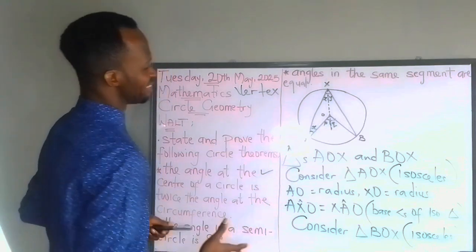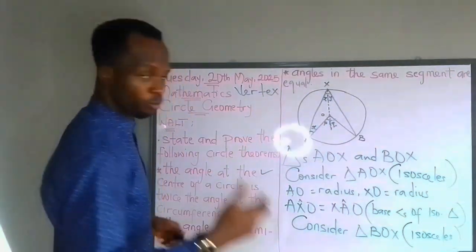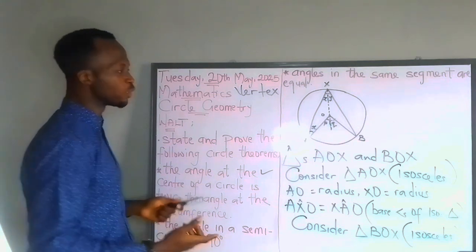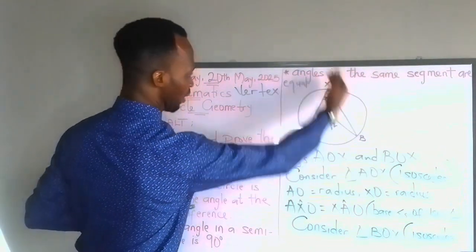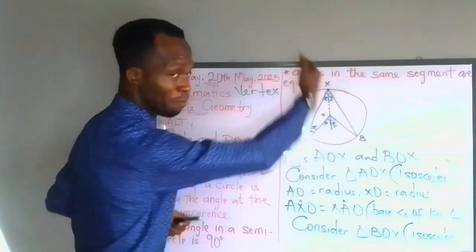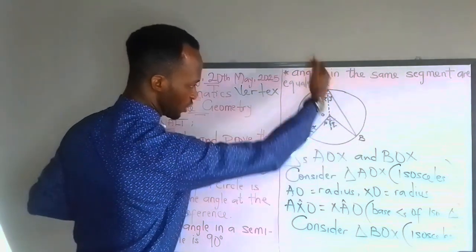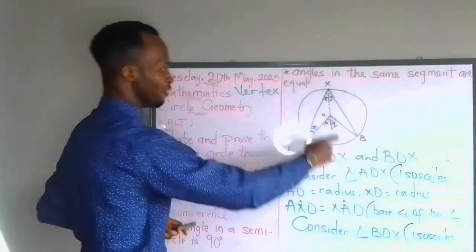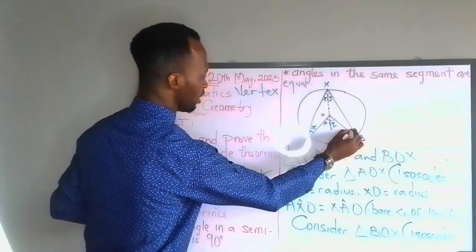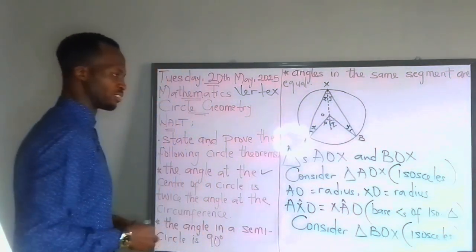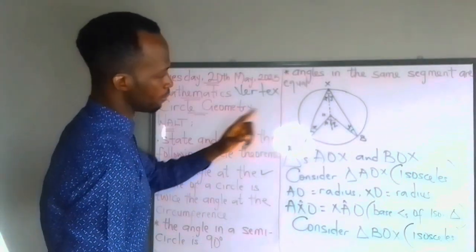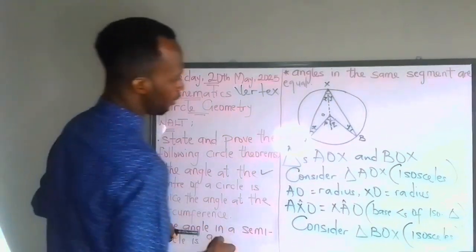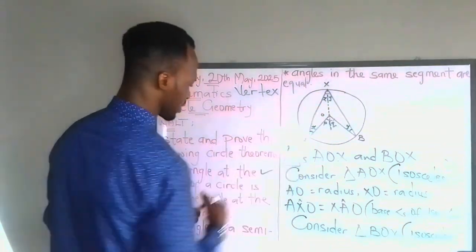So if triangle BOX is an isosceles triangle, we apply the way we did earlier, that the base angles of an isosceles triangle are equal. BX is the base of this triangle. Here, AX is the base of the triangle. Here, BX is the base of the triangle. So the angle at the other end of the base is also Y. That's base angles of an isosceles triangle. So let's put that down.